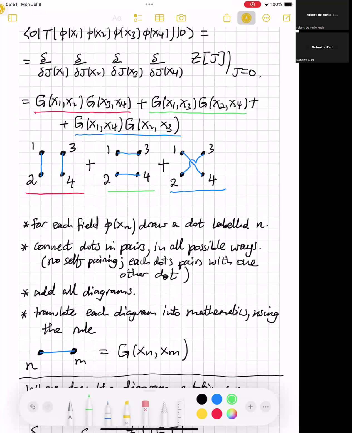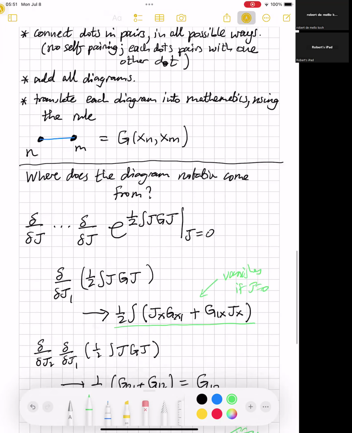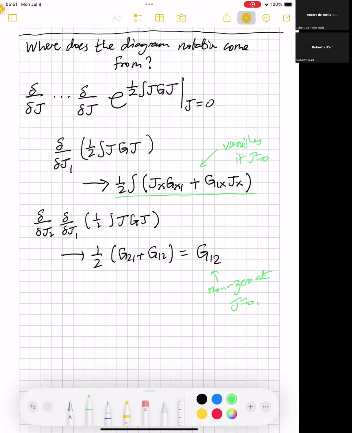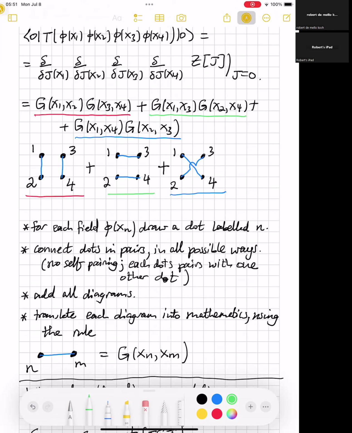So where do the diagrams come from? Well, we need to take the string of derivatives and act on Z of j, which is this exponential. To get something that's non-zero, the functional derivatives must act in pairs, and the diagrams are just a very nice, convenient way to record how we are going to pair the functional derivatives.